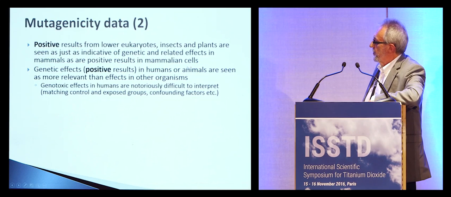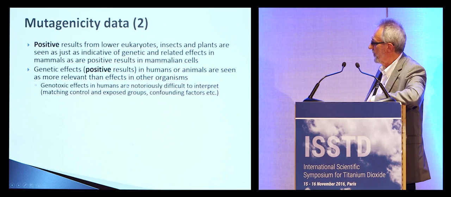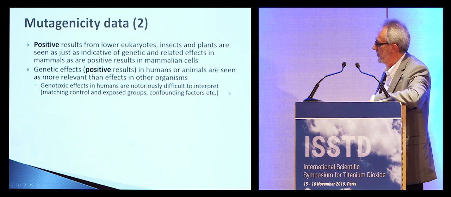Genetic effects, so positive results in humans and animals, are seen as more relevant than effects in other organisms, but genotoxic effects in humans are notoriously difficult to interpret. As you saw this morning in terms of epidemiology, similar biomonitoring studies for genotoxic effects in humans are very difficult to conduct because of matching control and exposed groups, accounting for confounding factors, etc.